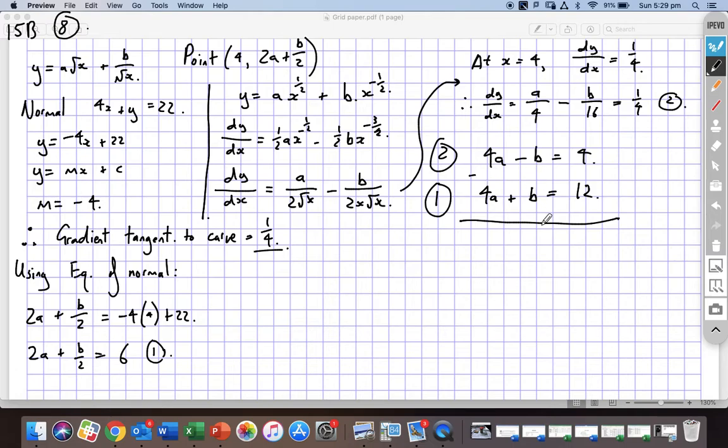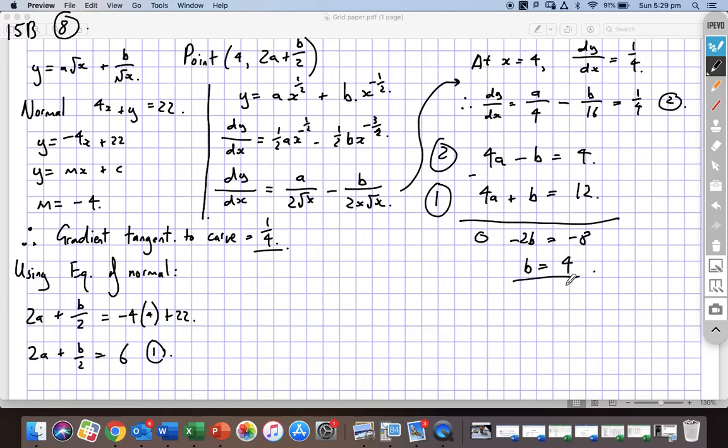I could have eliminated the b's by adding and found a will equal 2. Anyway, there's different ways you can go. I'm going to eliminate the a's, so 4a minus 4a is 0. Then I'll have minus b minus another b, that's minus 2b, will equal 4 minus 12, which equals minus 8. Therefore, b will have to equal 4.